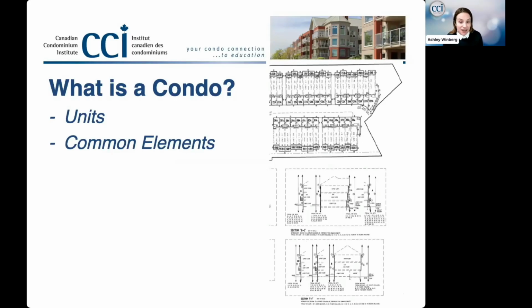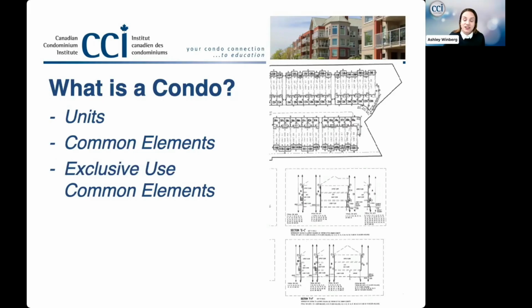At that same time, if someone was a purchaser prior to the condo being created, that purchaser would become the owner of the unit that they purchased, with title being transferred to them. The individual purchasers would also become owners in common of the common elements, with each owner's interest being set out in the corporation's declaration, their percentage in which they own the common elements.